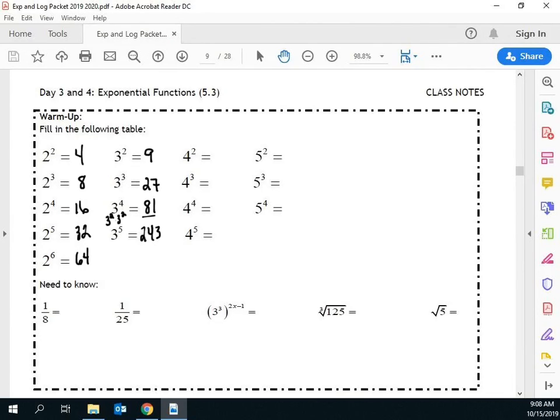4 squared. 4 times 4? 16. 16 times 4? 64. 64 times 4? 256. Good. 256 times 4 again? 1024.